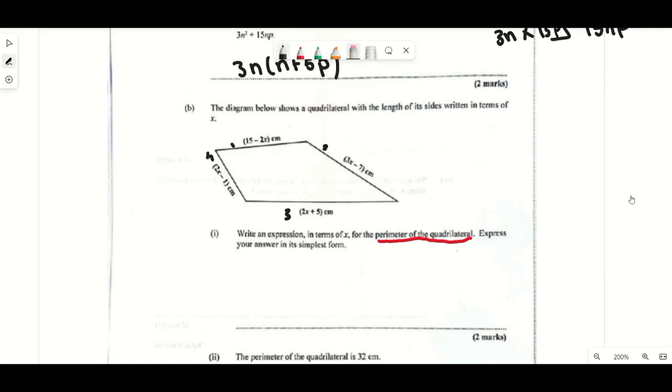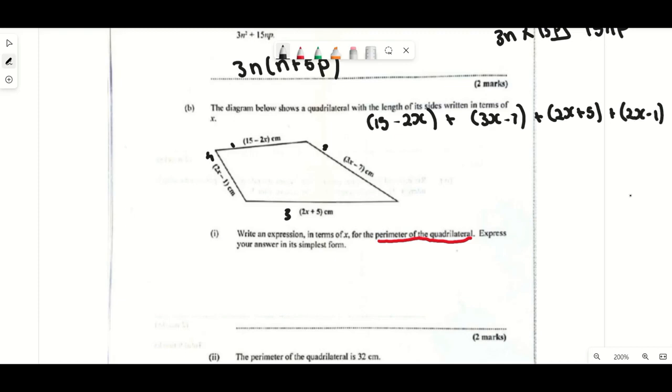Side 1 is, well, put whatever in the brackets, that's 15 minus 2x, plus side 2, which is 3x minus 7, plus side 3, which is 2x plus 5, plus side 4, which is 2x minus 1.